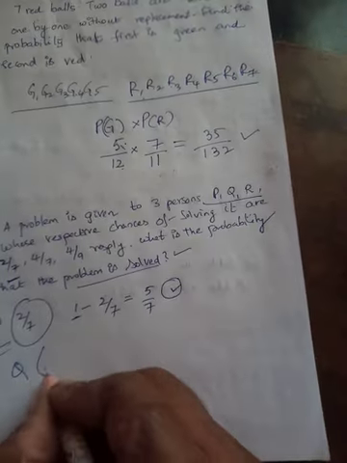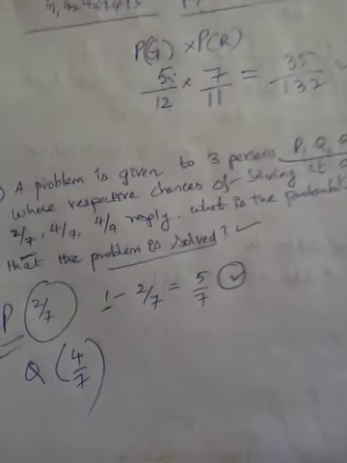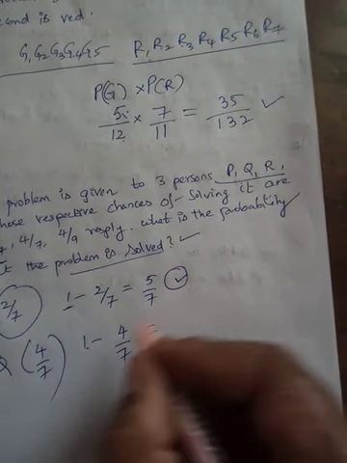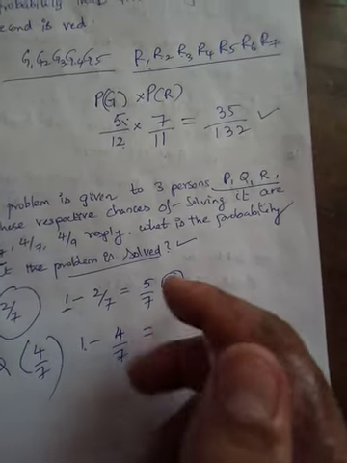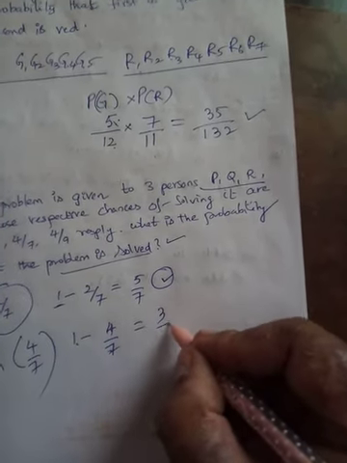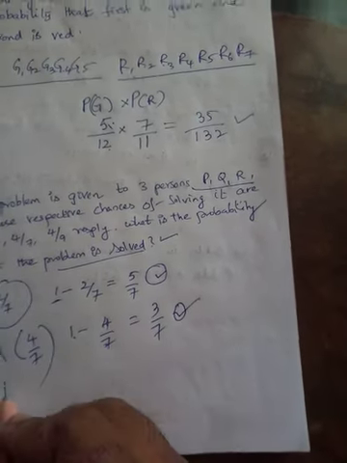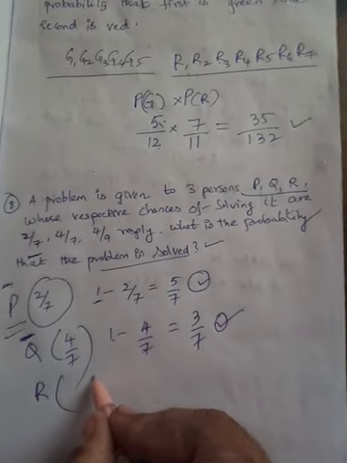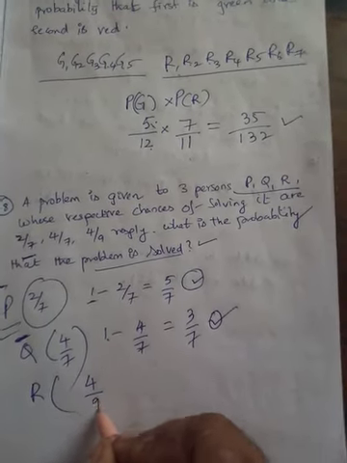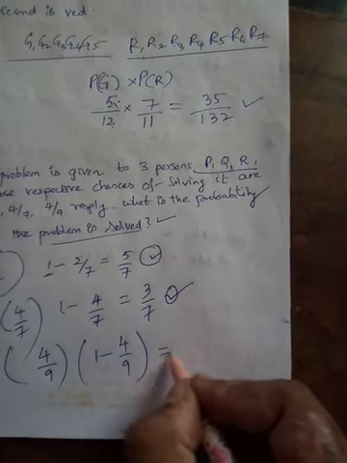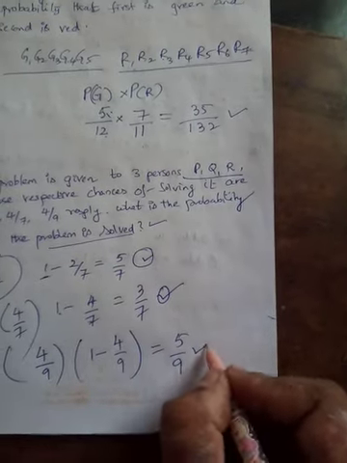Second case, Q. The probability of solving the sum is 4 out of 7, so the probability that he is not able to solve is 1 minus 4 by 7, that is 3 by 7. For the third person, the probability of solving is 4 by 9, so the probability of not solving the sum is 1 minus 4 by 9, that is nothing but 5 by 9.